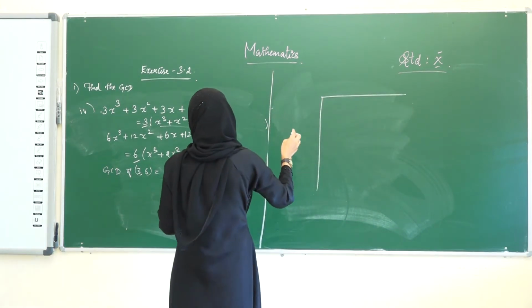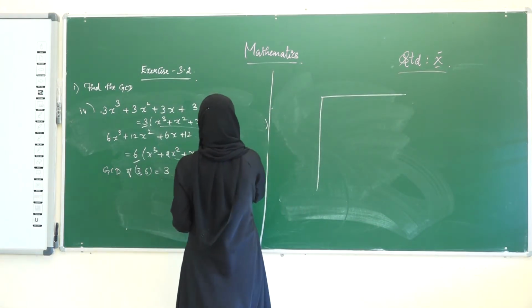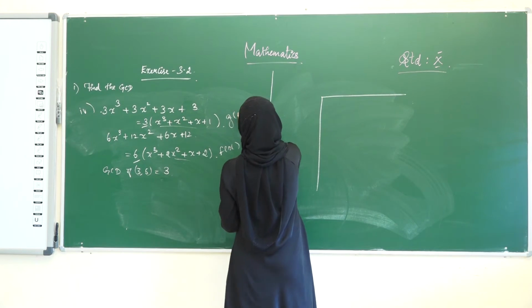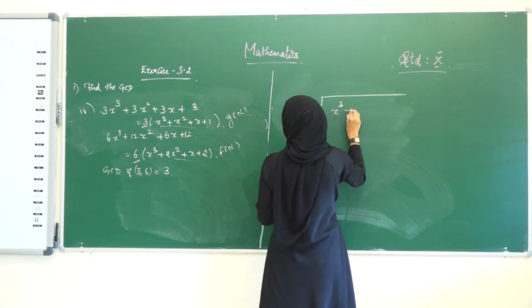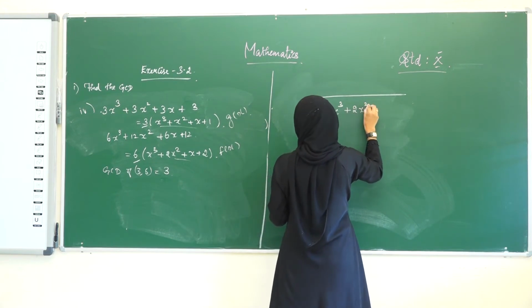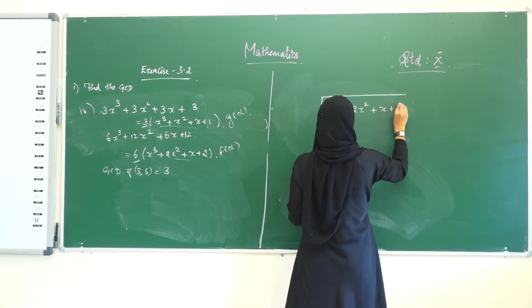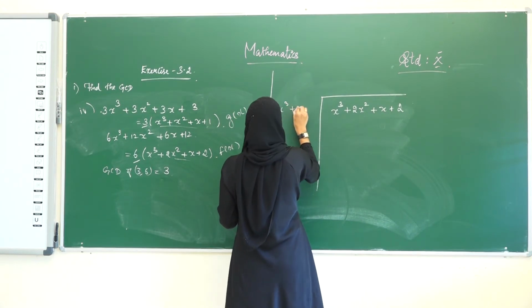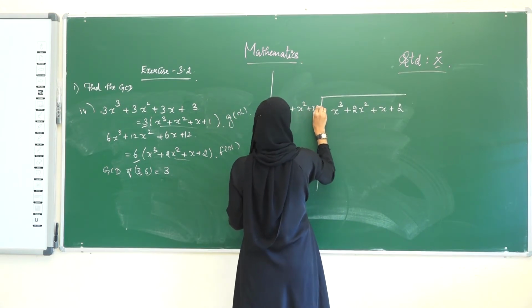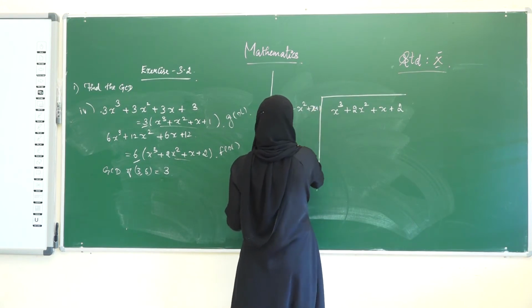So, what we are going to do is take this as f of x and this as g of x. So f of x is x cube plus 2x square plus x plus 2, and here it should be x cube plus x square plus x plus 1. Okay, consider the first term.